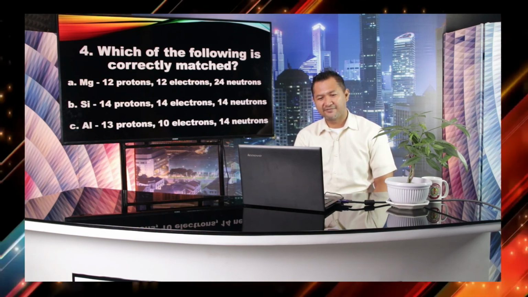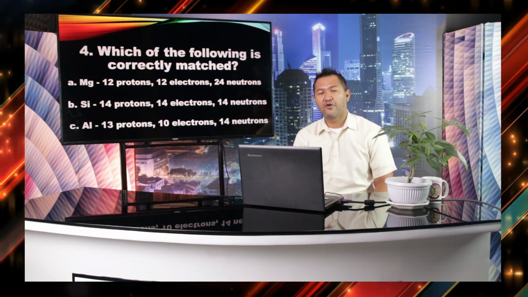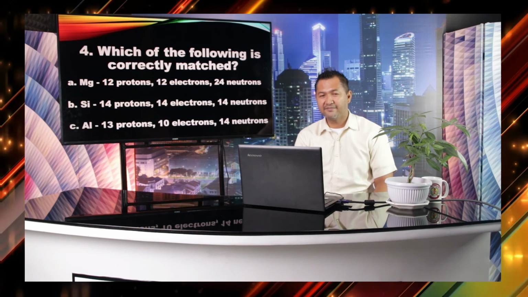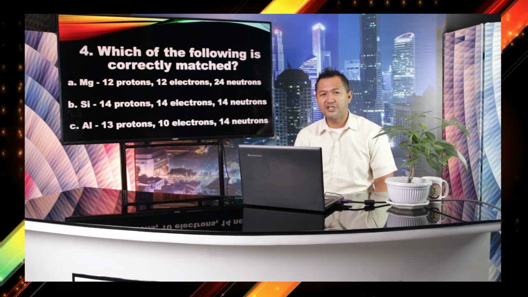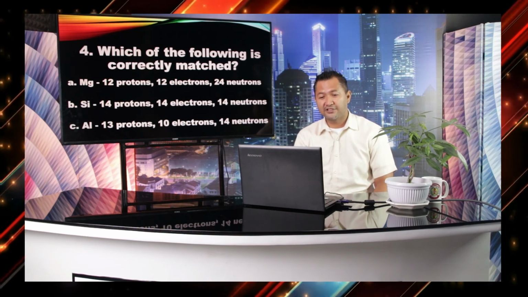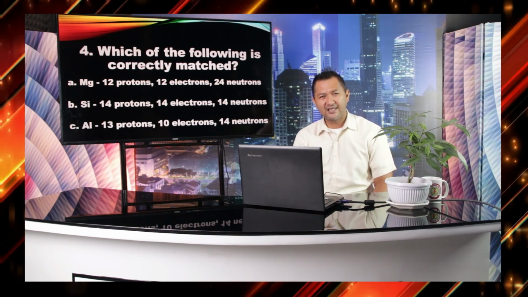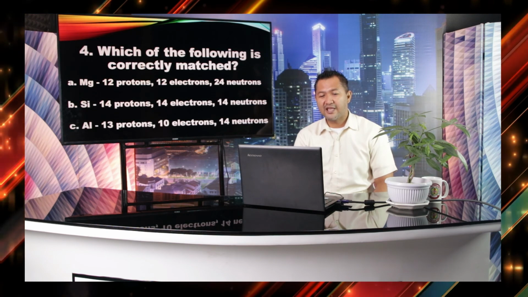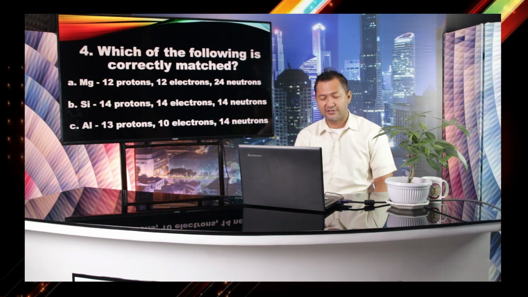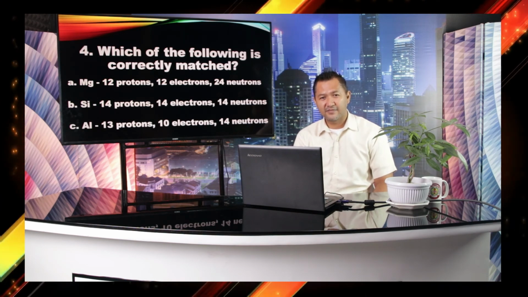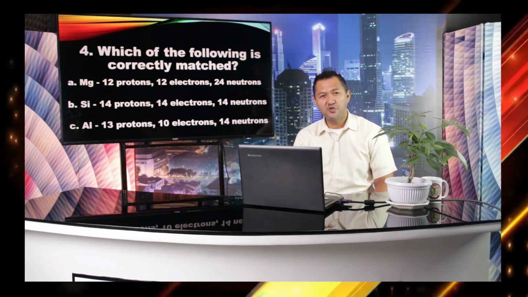C. Aluminum, 13 protons, 10 electrons, and 14 neutrons.